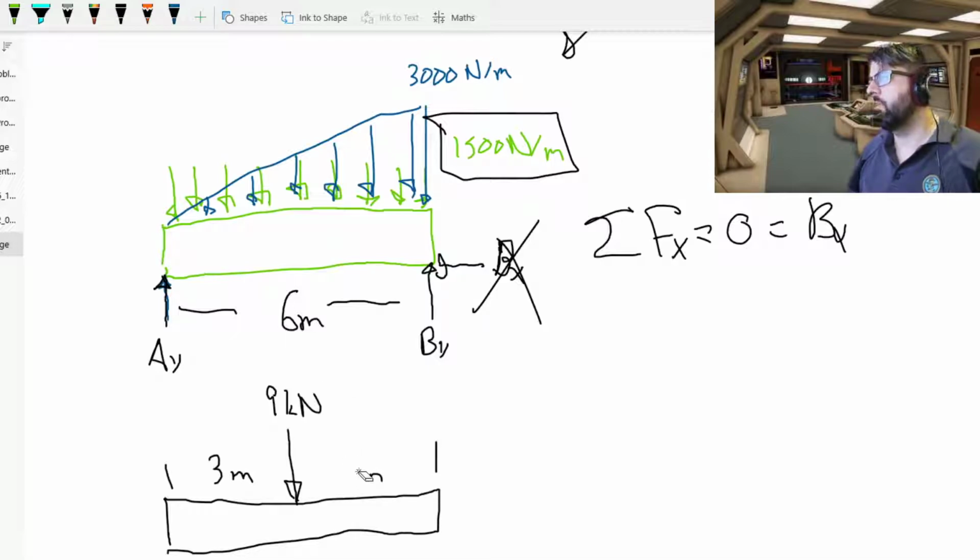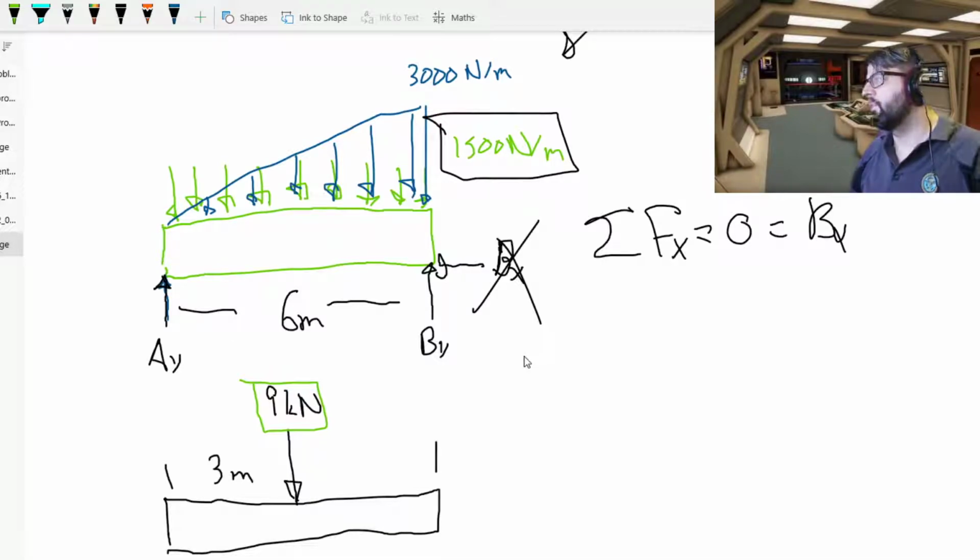I'm just going to use the one on the left, because we're going to need the space for the one on the right. So we've also got our linearly varying load in the blue here. Put a box around that. What's the magnitude of that? Again, we're looking at the area of the triangle.